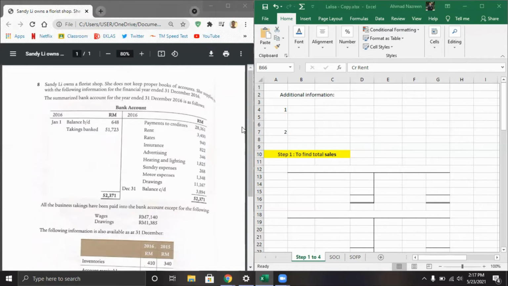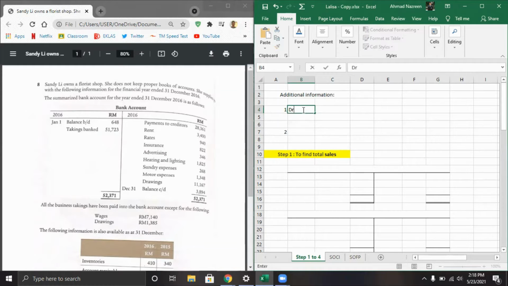So this question says all the business takings have been paid into the bank account except for the following. So we know that wages and drawing is paid by cash.